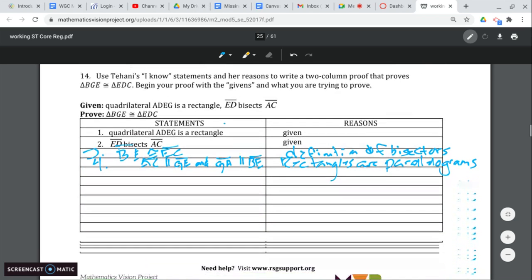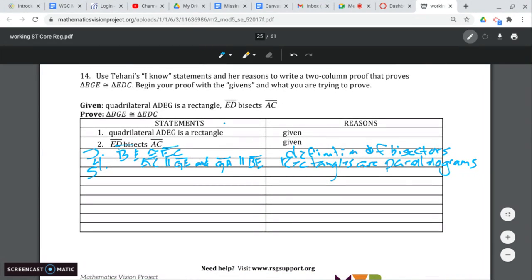So we come down here, number 5, angle BEG is congruent to angle ECD, corresponding angles. All right.